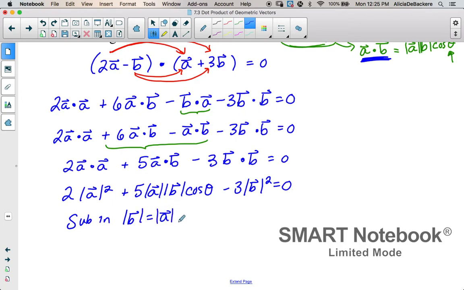I'm going to end up with all A's, but if you subbed it in the other order, you'd have all B's. So I'm replacing all my magnitude B's with magnitude A's.